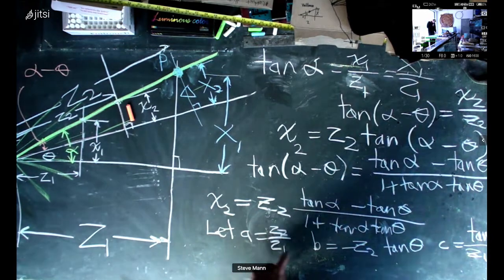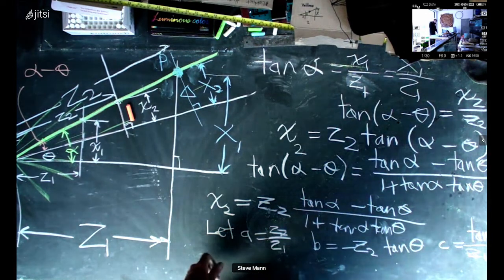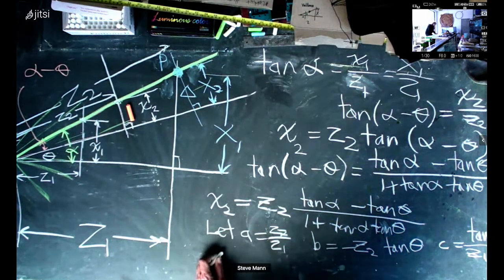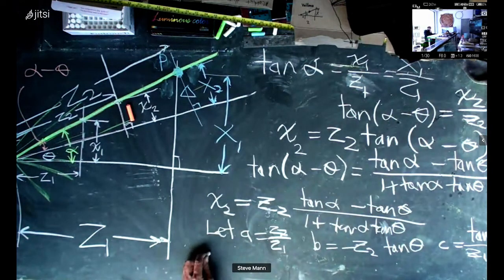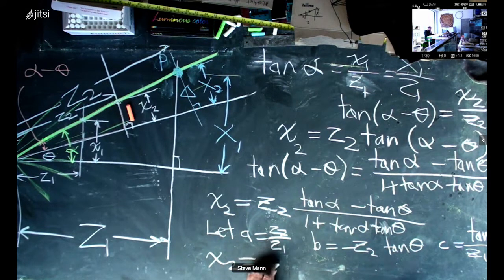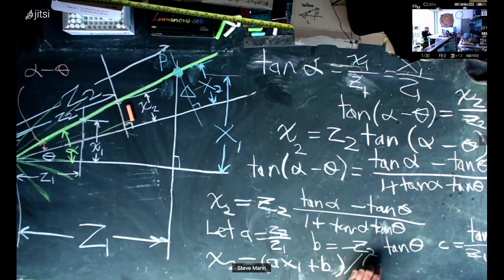So now we have these three variables, A, B, and C. And so now we can write simply, in a very beautiful and simple way, x2 equals (A x1 plus B) all over (C x1 plus 1).